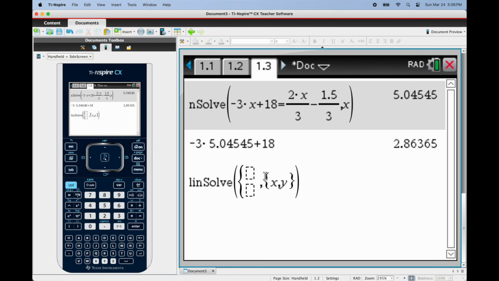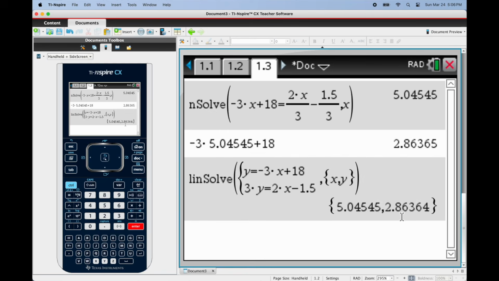So I'm going to work it out here as well. y is equal to negative 3x plus 18. And now we have 3y. I'm somewhat doubtful that this will work, but it's possible it will. Okay, so that was actually much, much easier.